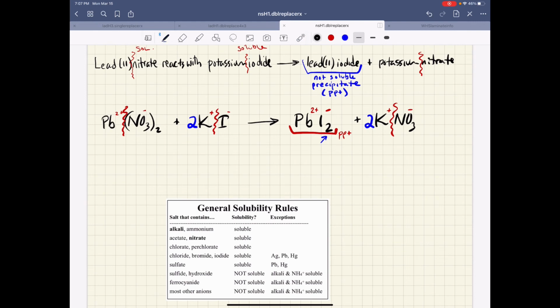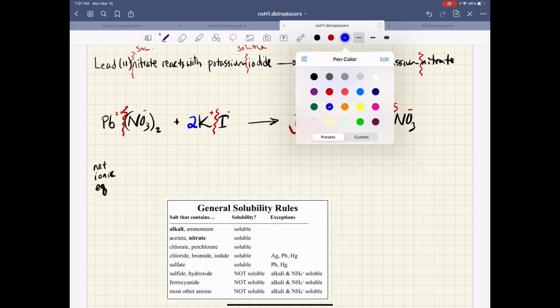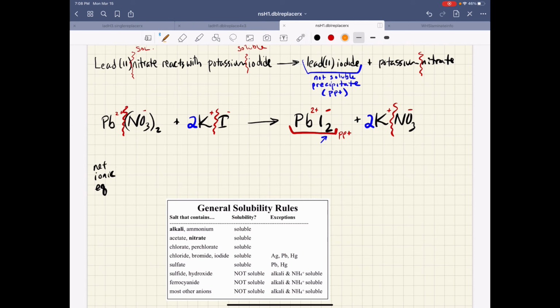Lastly, we'll need to turn this into a net ionic equation. And remember, what that means is we're going to eliminate the spectator ions, the ions that don't change.